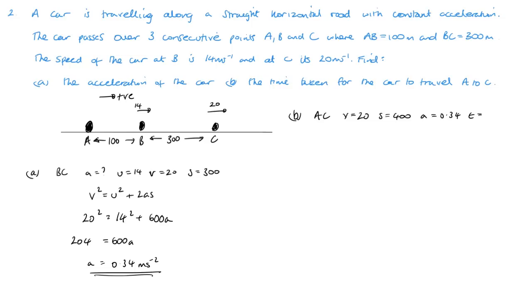And we know that T, we want to find T. So we're using our answer to part A for part B. So the formula for this one is S equals VT minus a half AT squared. Okay, so S is 400, and that's 20T minus a half AT squared, so minus 0.17 T squared.